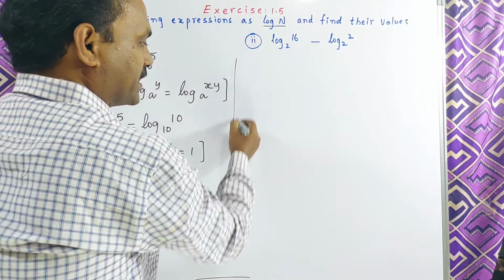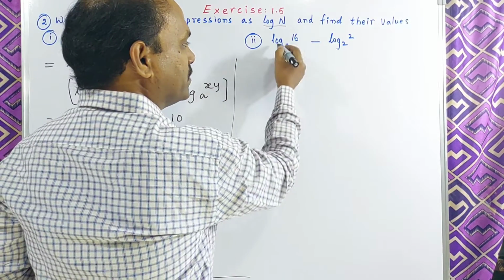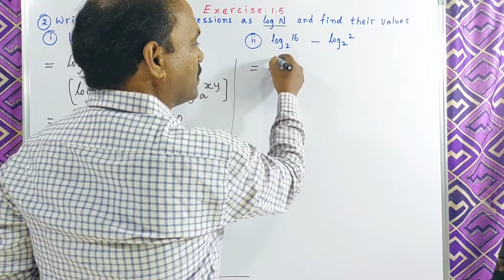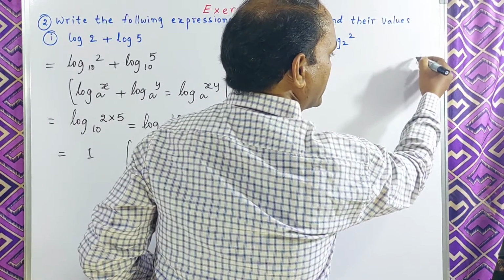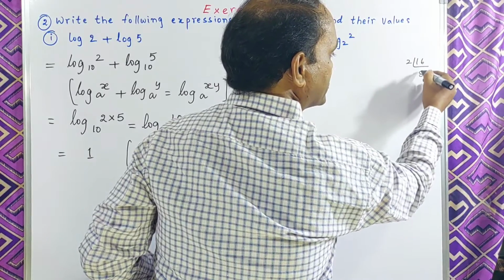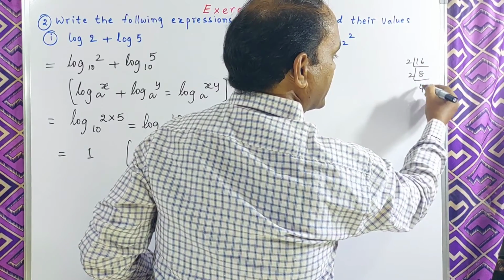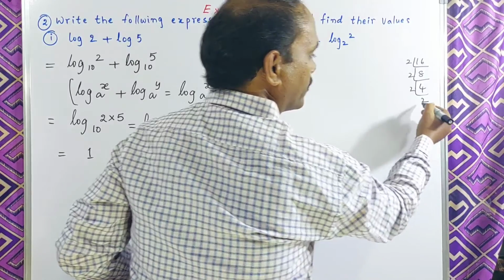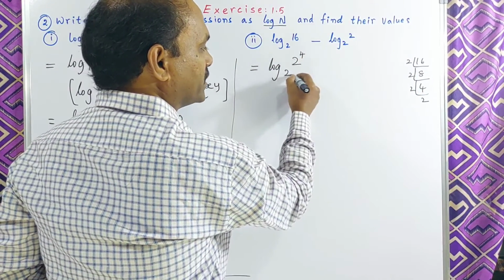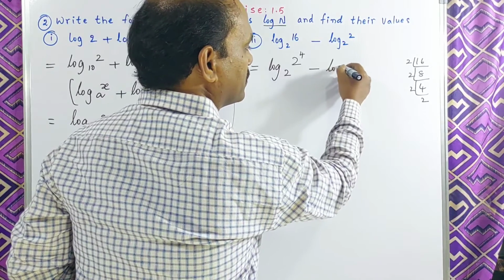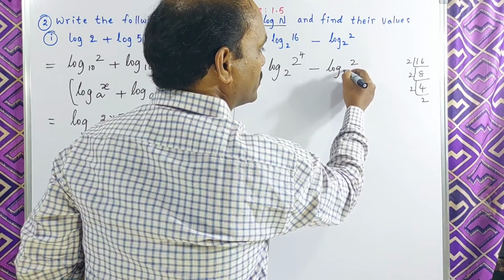Now check the second question. Here log 16. 16 can be written as 2 8s are 16, 2 4s are 8, 2 2s are 4, that means 2 power 4 to the base 2 minus log 2 to the base 2.